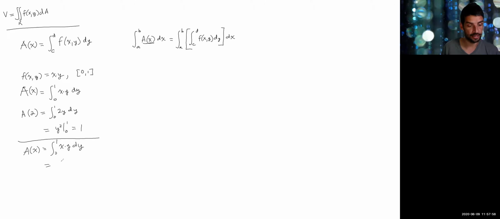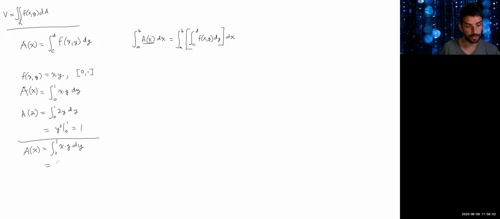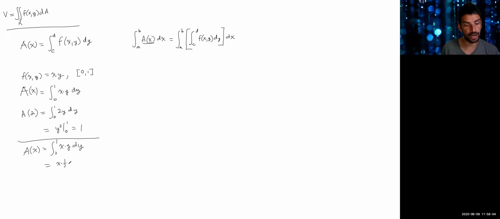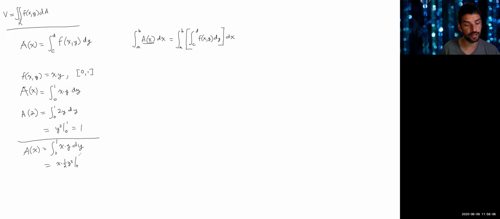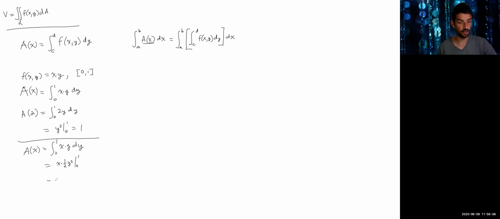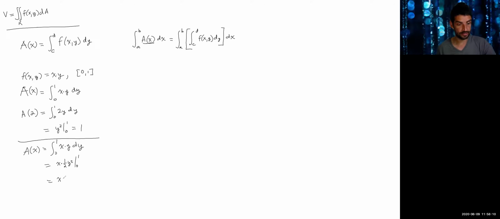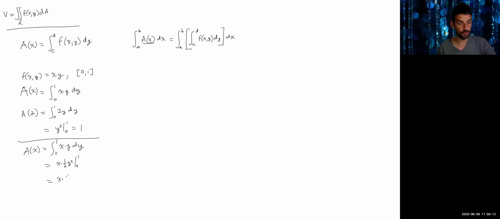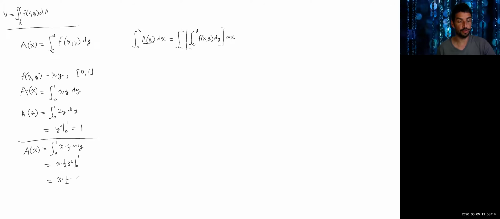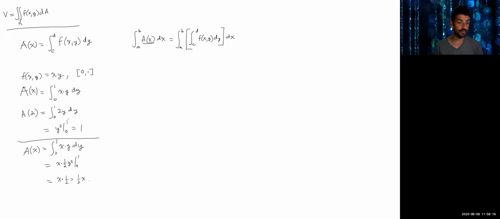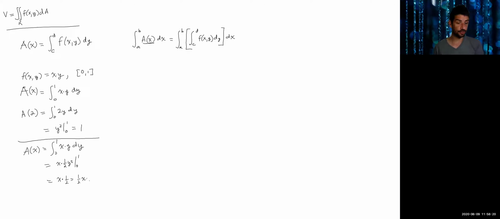So I'll get 1/2. x will just be a constant, and we'll get 1/2 y squared evaluated from 0 to 1. Or x times 1/2, right? Or maybe it's nicer to write 1/2 x. Doesn't really matter, right? Notice A of 2, if I put in 2 for x, I would get the 1 that I got up here.